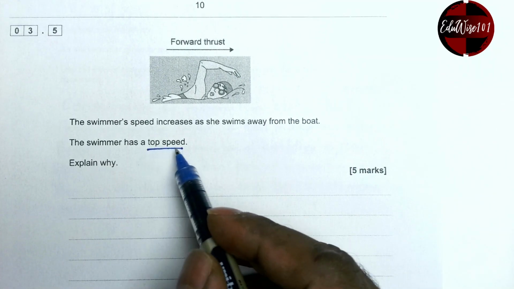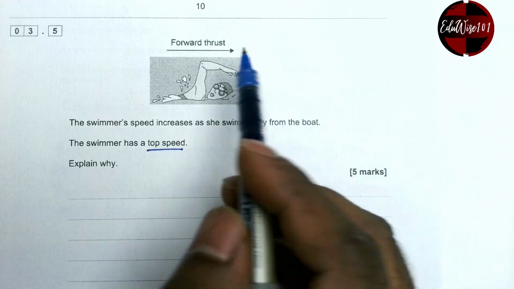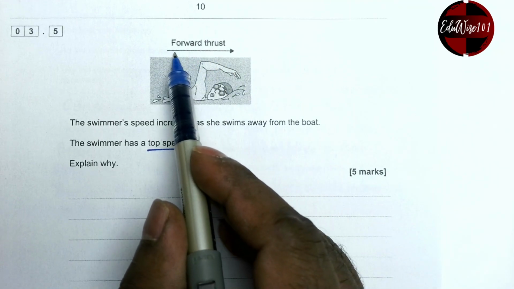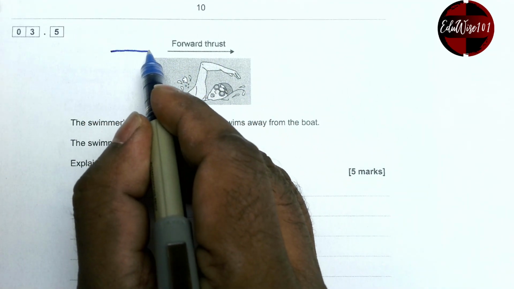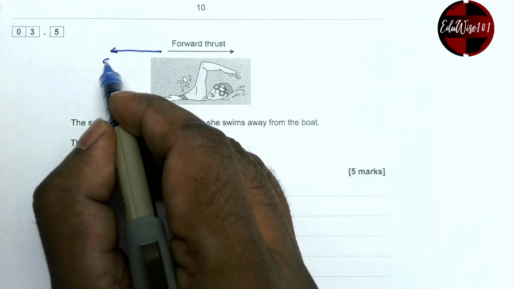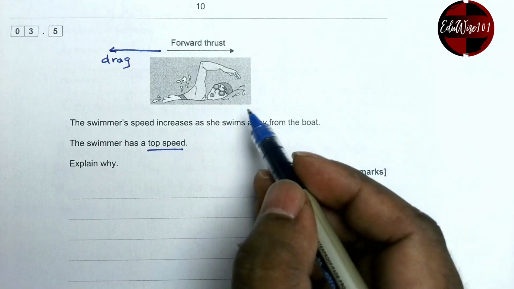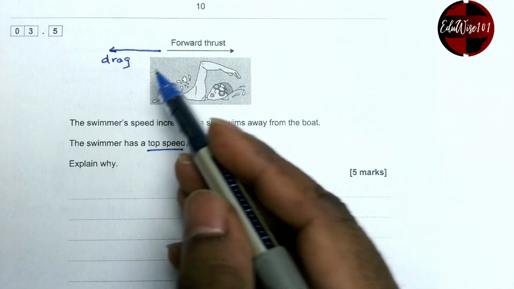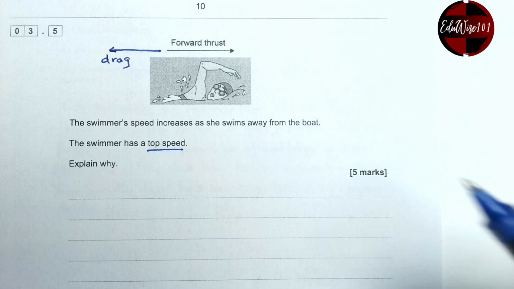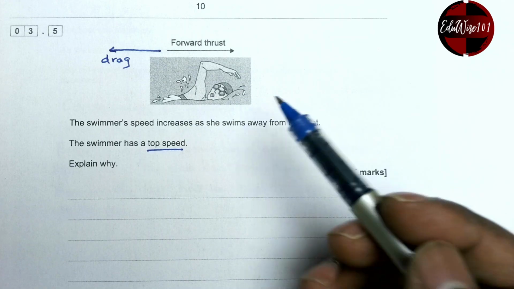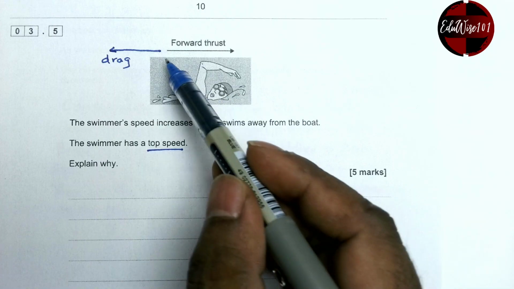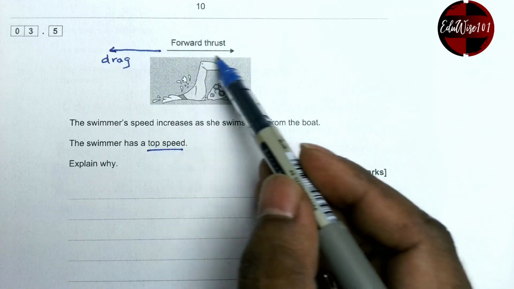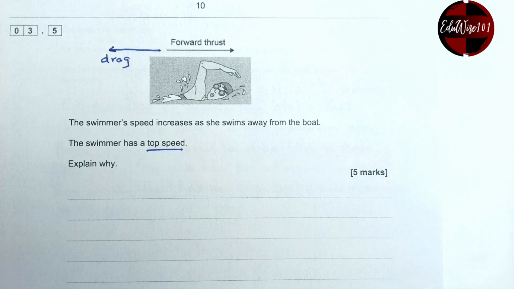The reason she would have a top speed is the force produced by the forward thrust would eventually be balanced by the drag due to the water. So when these two forces are balanced, she's not going to speed up anymore. Initially, the drag would be less, and as she speeds up, the drag will slowly increase till it balances out the forward thrust. So let's write the answer.